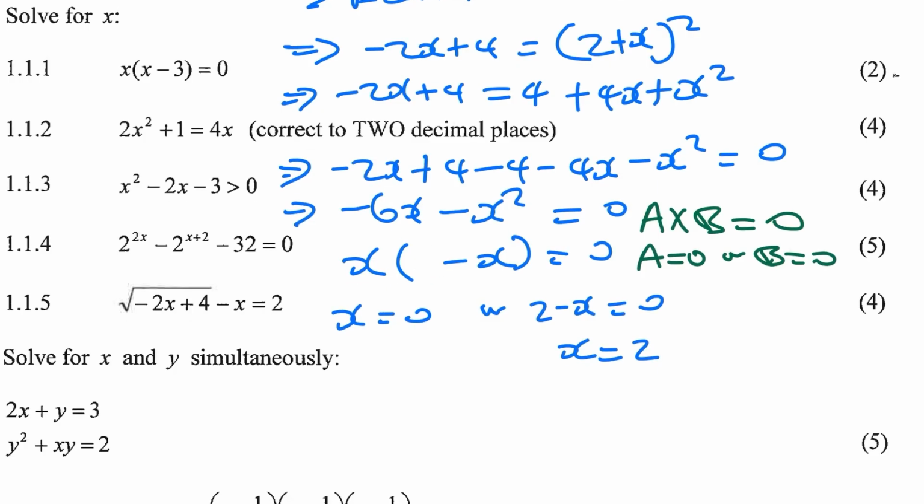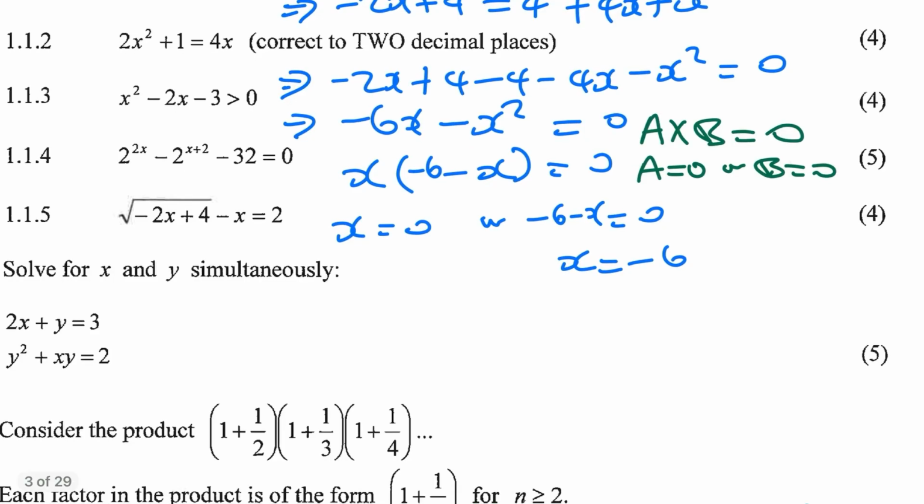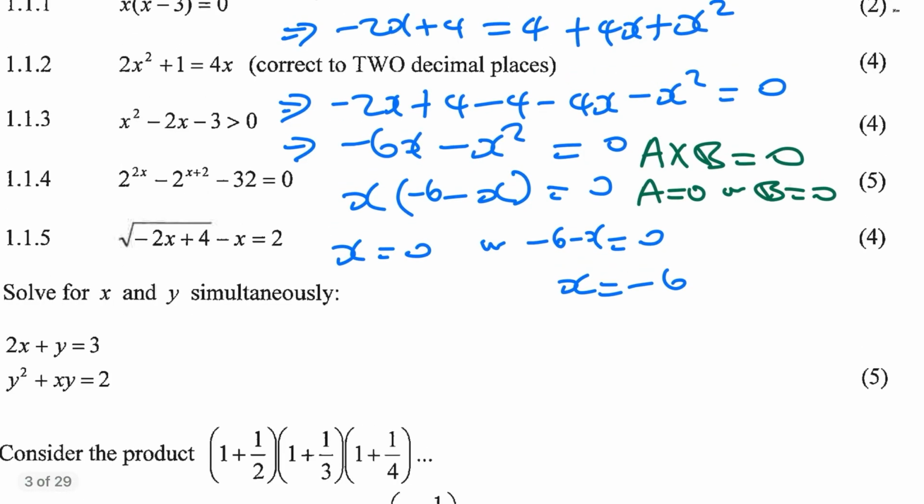And so this becomes negative 6, and this becomes negative 6 minus x. Therefore, x is equal to negative 6. Right, so those are your answers.